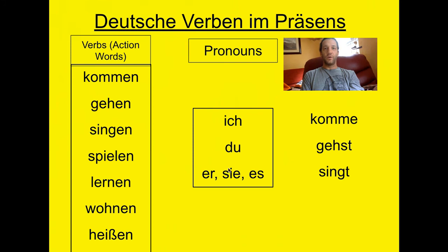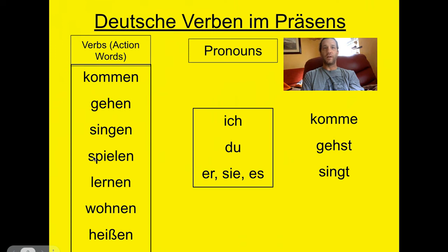So these are your singular first, second, and third person pronouns. I, you, he, she, it. Ich, du, er, sie, es. And then various verbs to be conjugated with each pronoun. Kommen, to come. Gehen, to go. Singen, to sing.